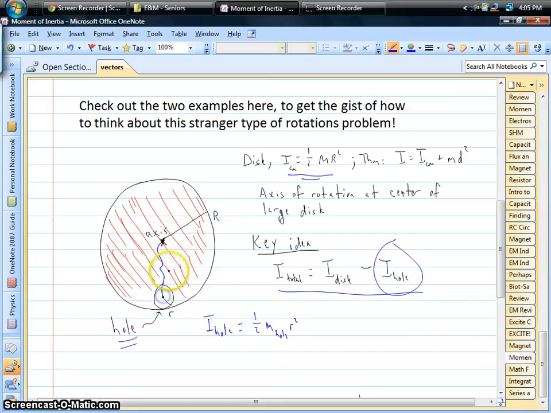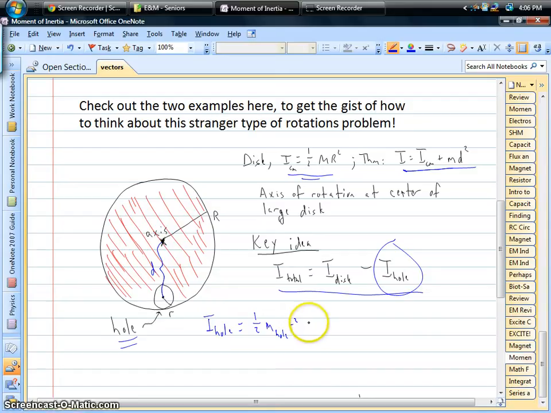Okay, but now notice that the center of the hole is some distance away from the axis of rotation. So this is relevant for the parallel axis theorem. Okay, this 1/2 mr squared for the hole represents just a normal disk.